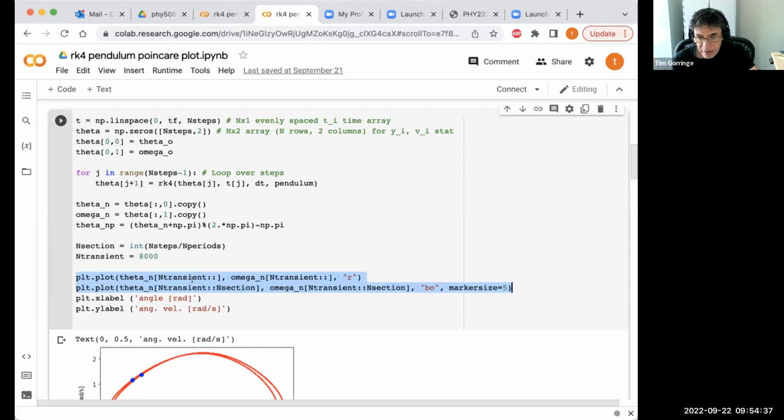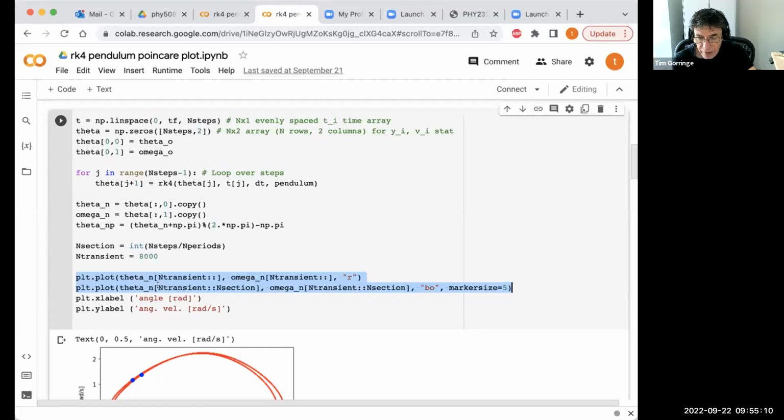I eliminate the transitory region, and I only take the Poincare sections, by slicing the arrays inside these calls to the plotting functions, using NumPy array slicing. So for example, in the upper line, I only plot the points of theta and omega after the transitory period by slicing in this manner here.